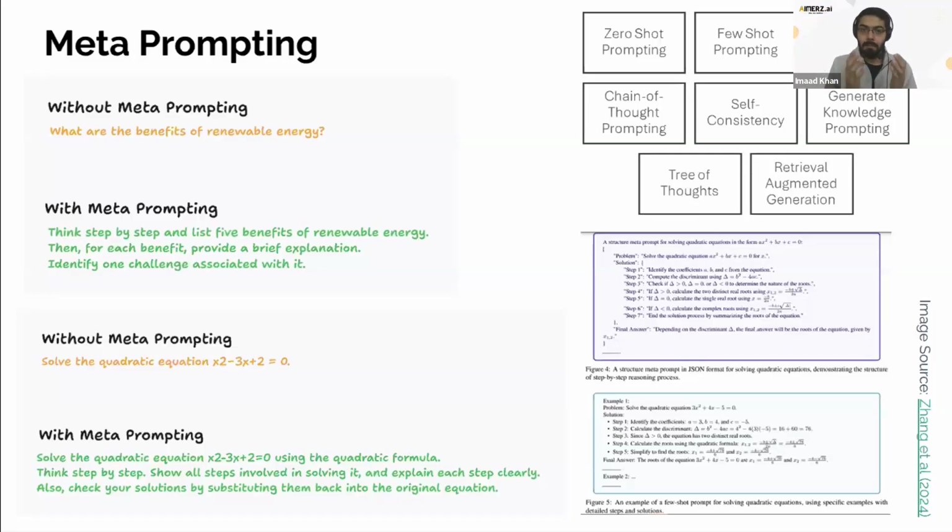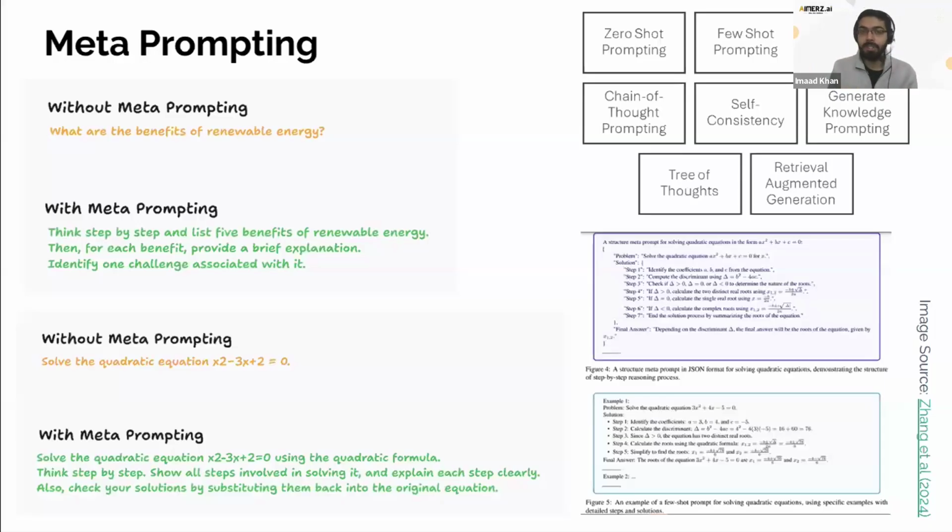This is meta prompting, where you include your recipe as input to your LLM system, and the LLM system uses the recipe to come up with the final answer that you're looking for. And this is particularly useful for mathematical problems and problems that involve computation, right?